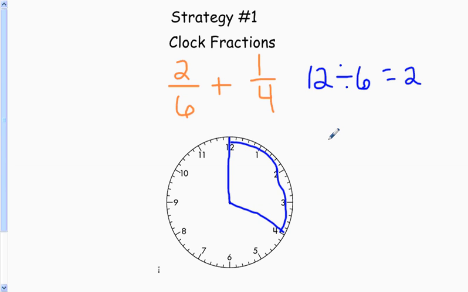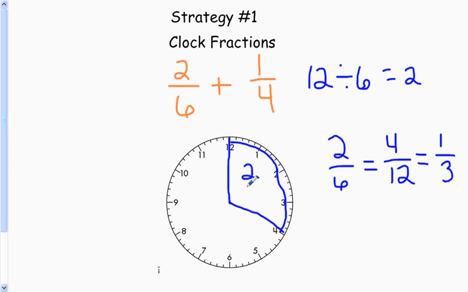So 2/6 is the same thing as 4/12, which some of you right now are probably also thinking is the same thing as 1/3. As always, you want to make sure that you label the clock. And then wherever we stopped is where we're going to go ahead and start with our next fraction.